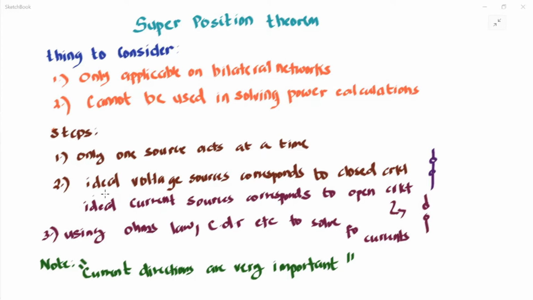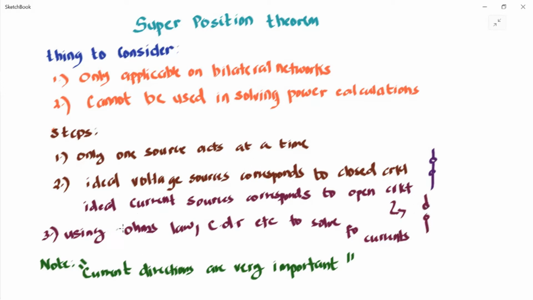Number two, ideal voltage sources correspond to closed circuits. This is a type of connection used for independent sources that we actually neglect. And ideal current sources correspond to open circuits.